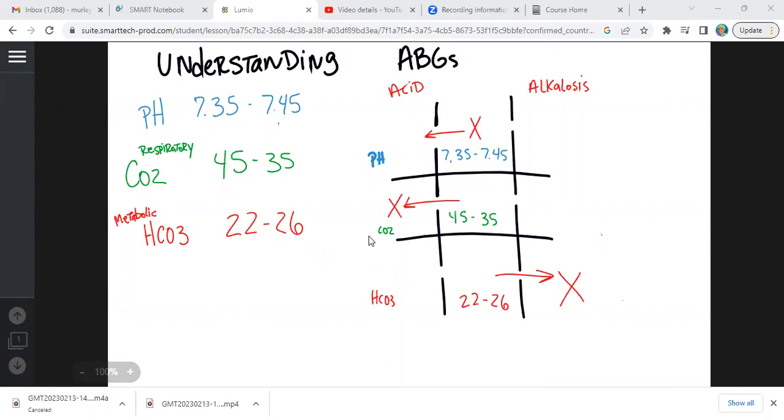If it wasn't for the bicarb level, because this person's either not breathing or barely breathing, they would be extremely acidotic, but they are fully compensating with the production of bicarb. If you can get this down, you'll never miss an acid-base balance or an ABG question. If you understand how lungs work and blowing off CO2, how kidneys work on producing bicarb and then peeing it off. This is the fast mechanism, this is the slow mechanism.